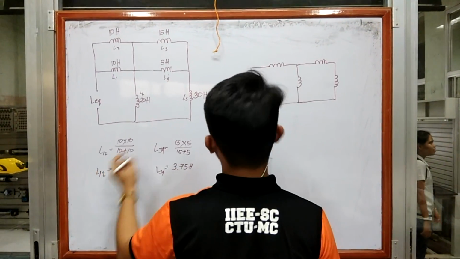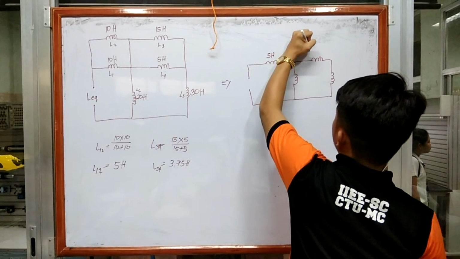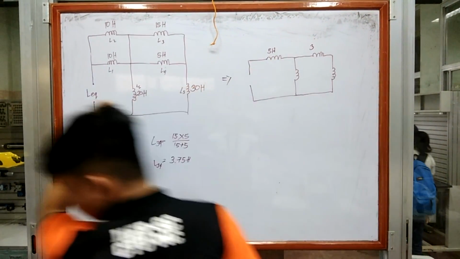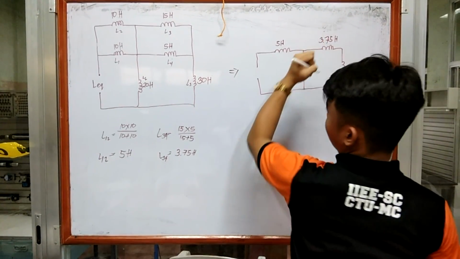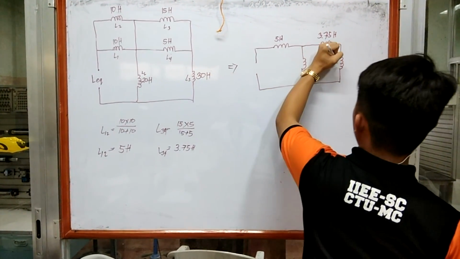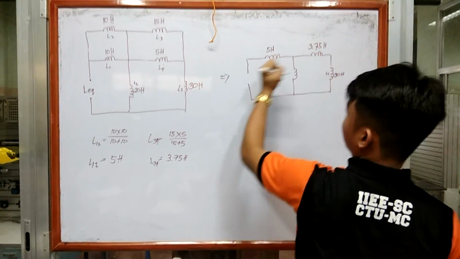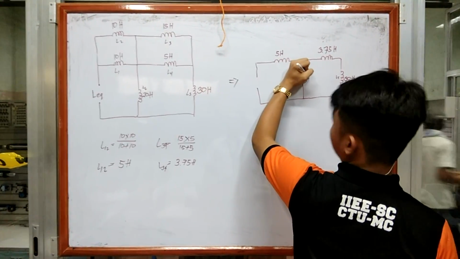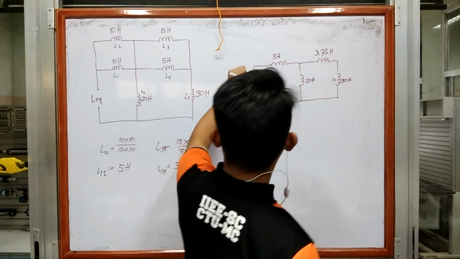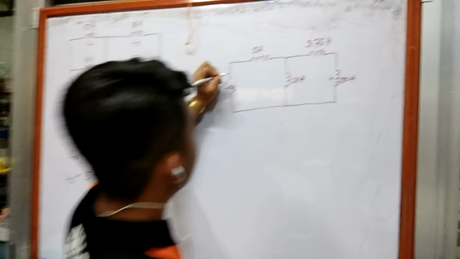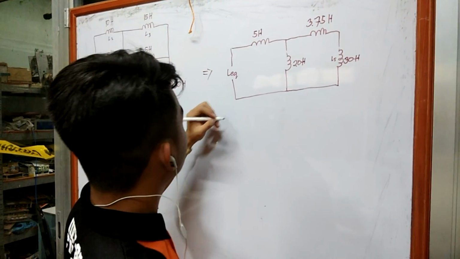So now with the new values of 5 henries, 3.75 henries, and L5, which is 30 henries, and L6, which is 20 henries. Now we can easily add these up because they are in series.